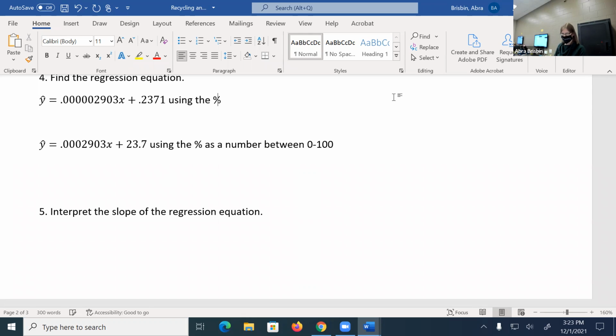Using the percent as between 0 and 1. Cool. Did anybody get anything different? Without making a typo.